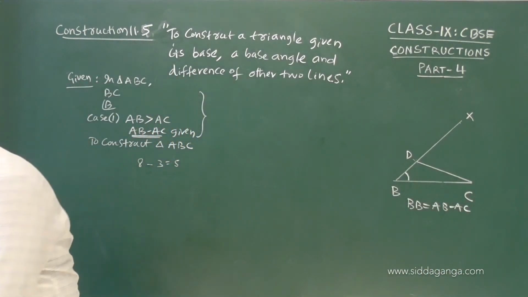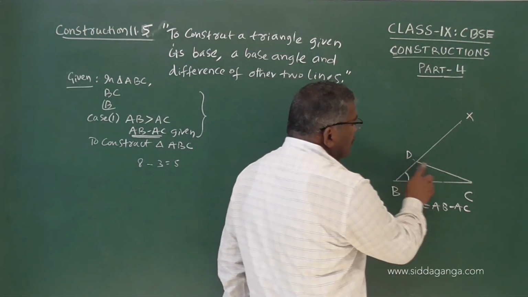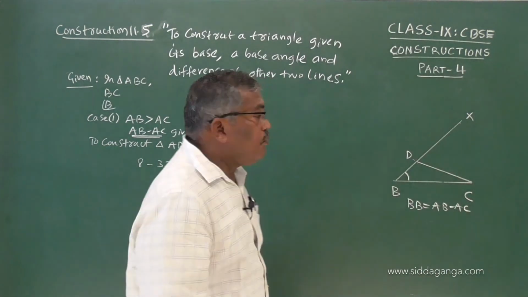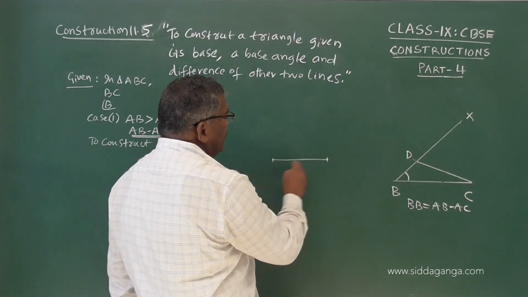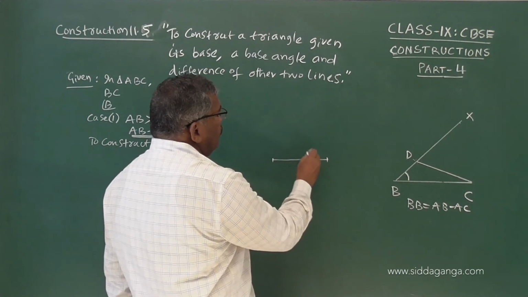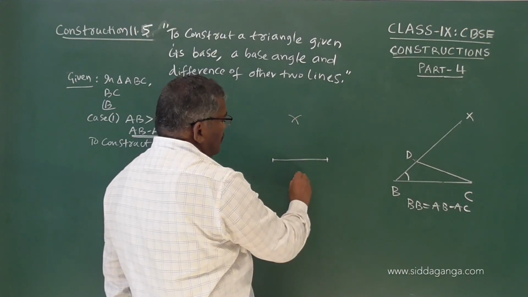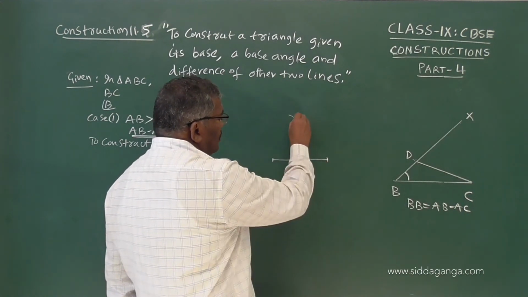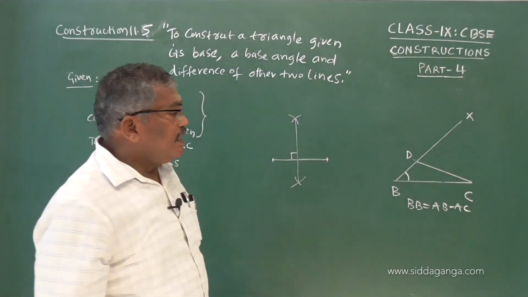Now the next step is to draw a perpendicular bisector to DC. You know how to draw a perpendicular to any line. If this is line AB, take more than half of the radius, two arcs at the top and bottom, and from another point cut them, draw a line. This becomes the perpendicular bisector.